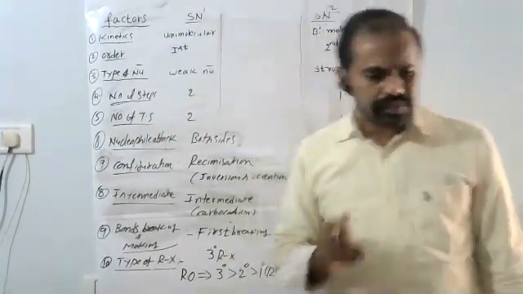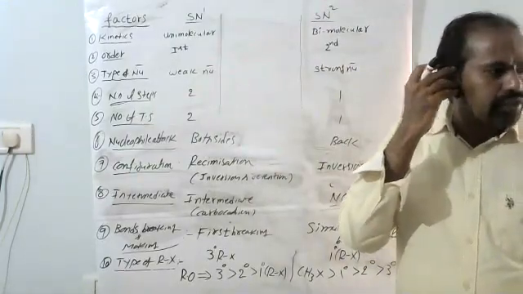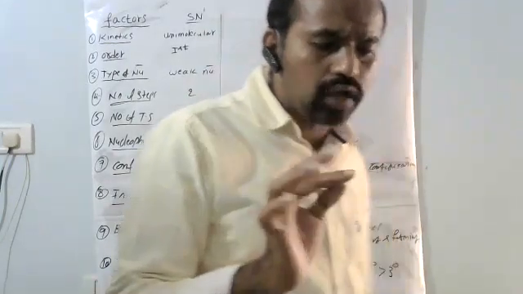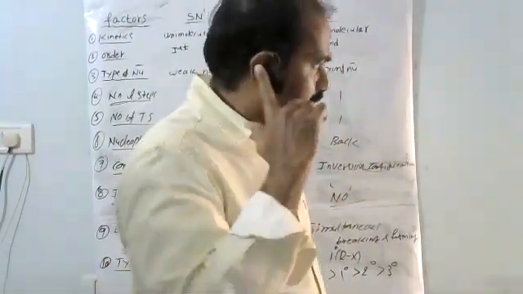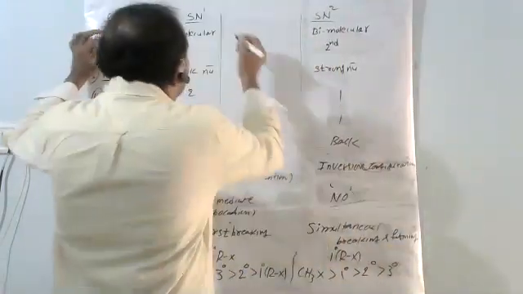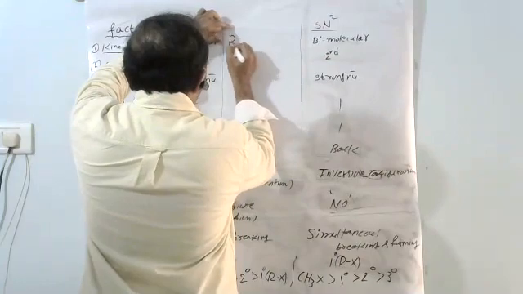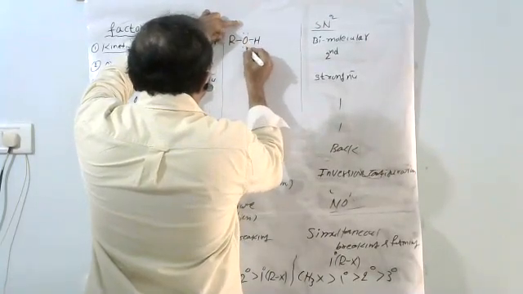First thing, a negatively charged nucleophile is more powerful than its conjugate acid. What is the meaning of that? For example, ROH.